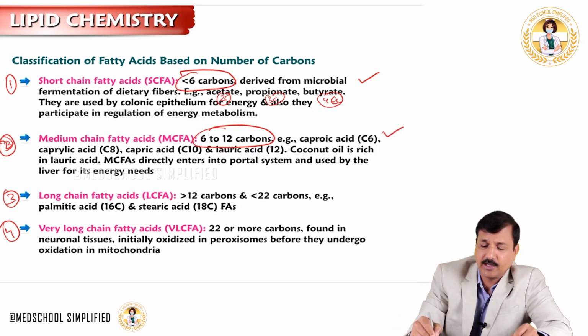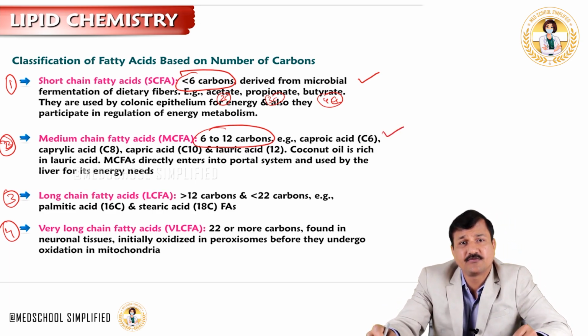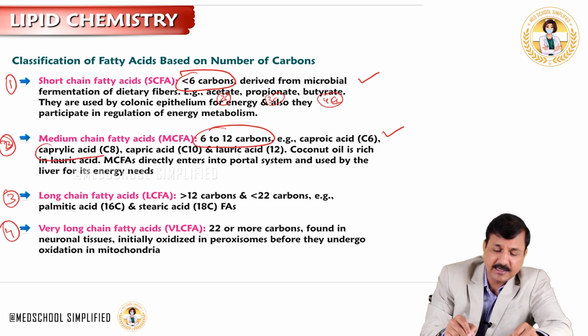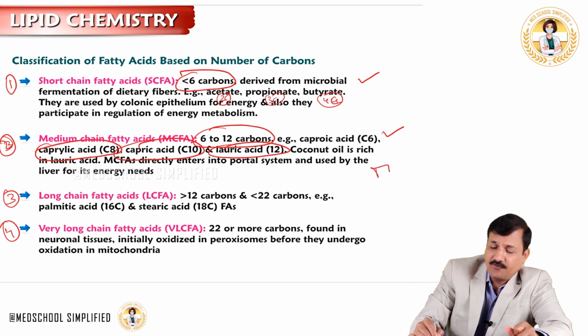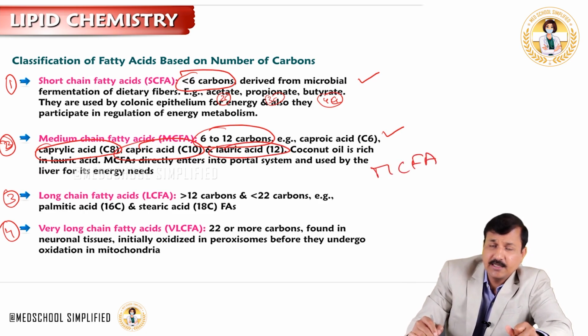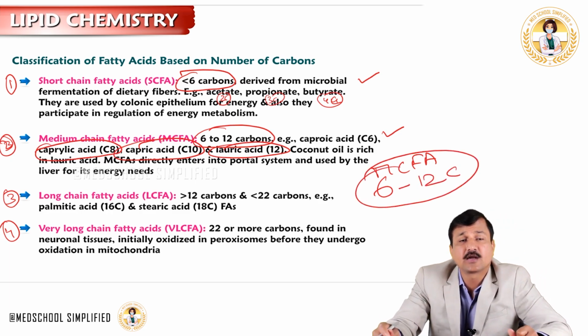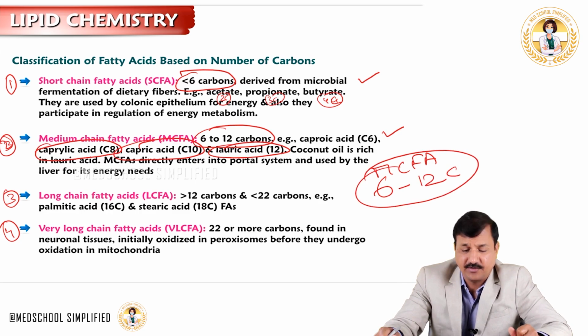Examples are caproic acid, a 6 carbon fatty acid, caprylic acid with 8 carbon, capric acid, 10 carbon, and lauric acid, a 12 carbon medium chain fatty acid. Basically, medium chain fatty acids contain anywhere from 6 to 12 carbons.